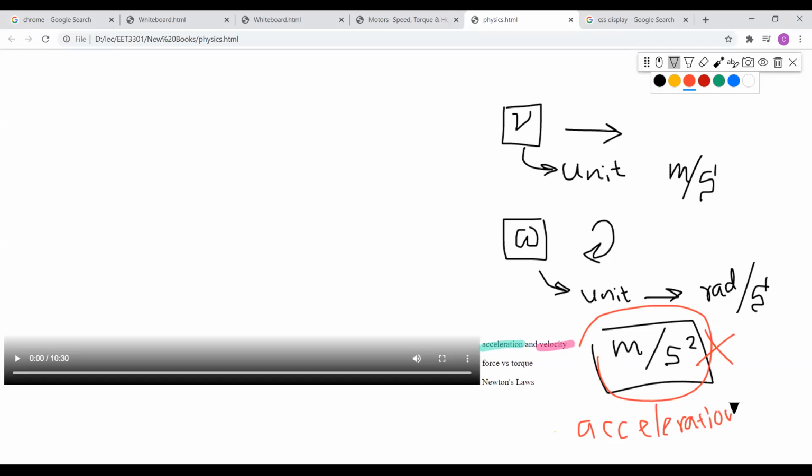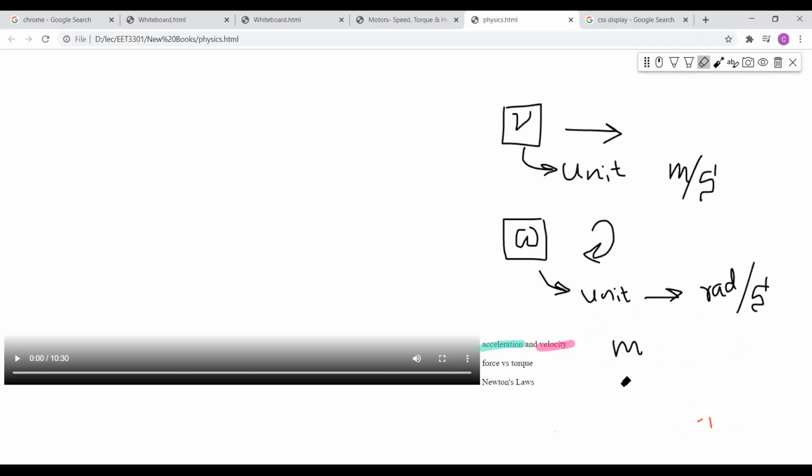So anyway, I welcome your answer. It's okay to give wrong answers, right? In that way you learn, or else memorize. This is the unit of acceleration, and it's again okay to give wrong answers.